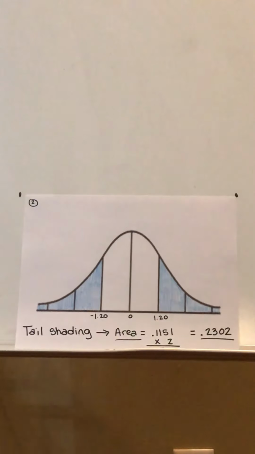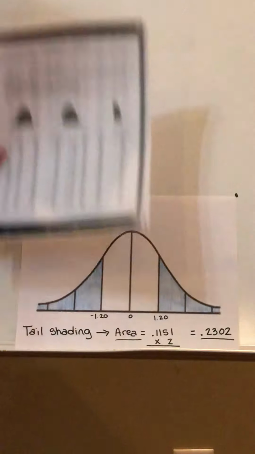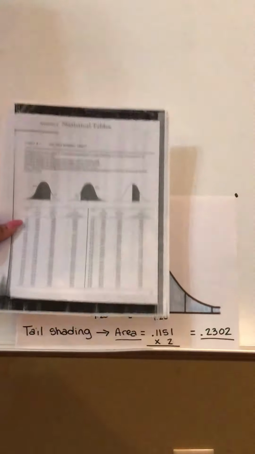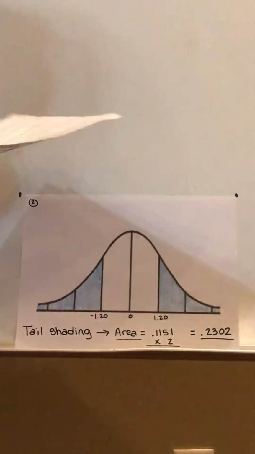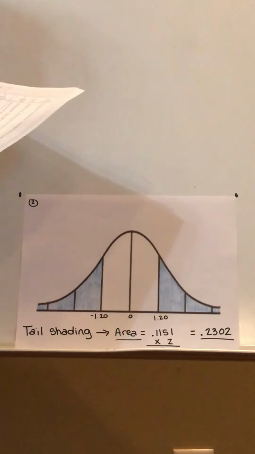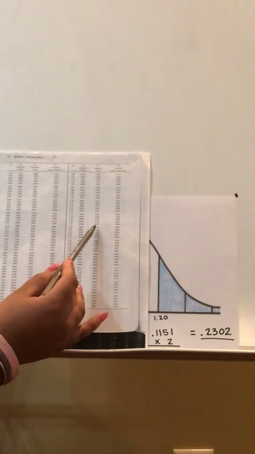So you're going to go back to our table that you should have uploaded from Canvas. You're going to go under the Z column, and we're going to look for 1.20. Now, you're going to go to the third column because the title of that says portion in the tail.